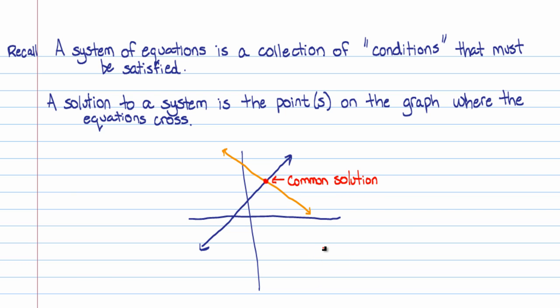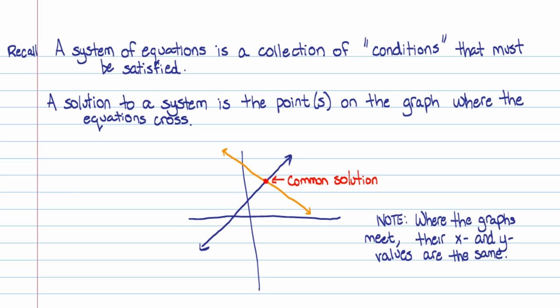That's a great way to view it graphically, but there's something you should note algebraically as well. At the common solution where these two equations meet, their x values are the same and their y values are the same. For example, both graphs don't meet at the blue point I just graphed in there.